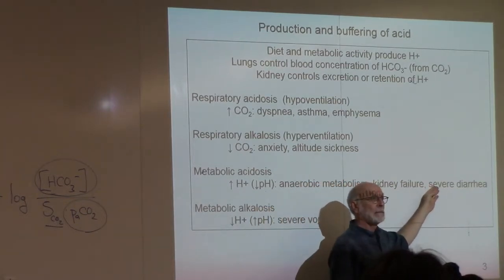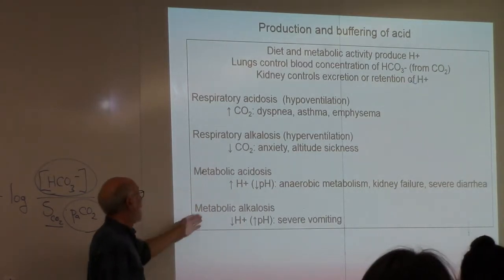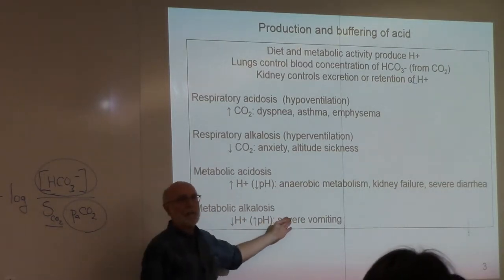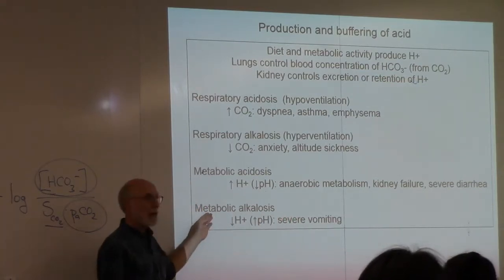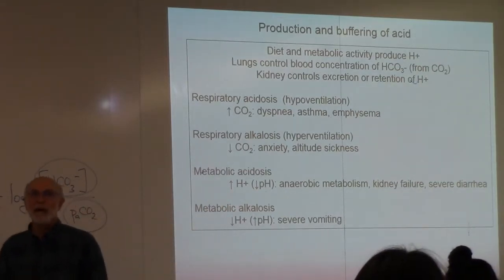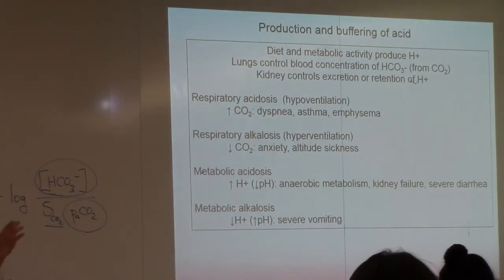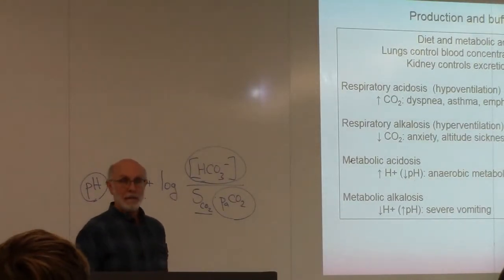Severe diarrhea actually is the secretion of alkali. Metabolic alkalosis, well, for example, we talked about a vomiting situation that would generate metabolic, that is to say, not respiratory, alkalosis. So here are some common examples that can produce respiratory abnormality or metabolic abnormality that affect pH.